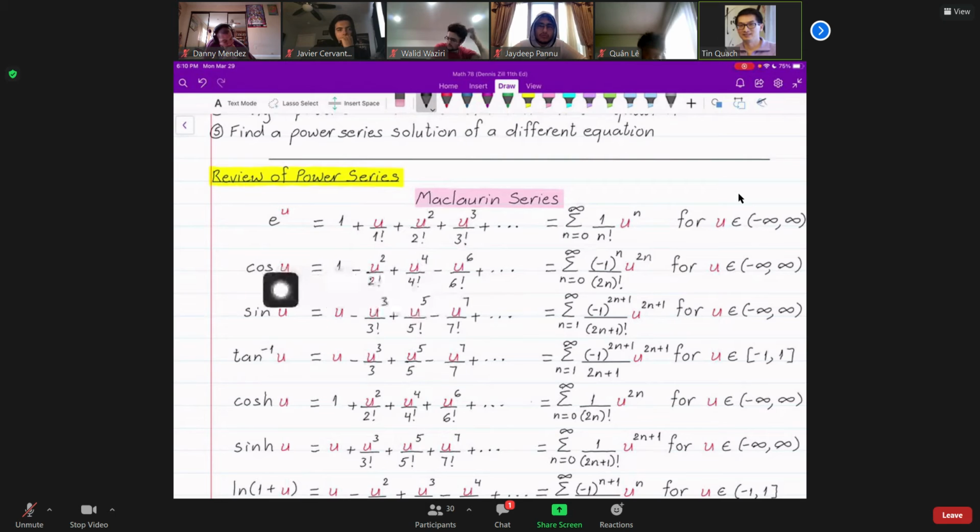So for cosine, you just take all the terms with the even power of u from the function e to the u, except the signs alternate. So the first term is positive, negative, positive, and negative. And look at sine of u. Sine of u is just all the terms raised to the odd powers, see, odd powers. And then the signs alternate, just like the cosine.